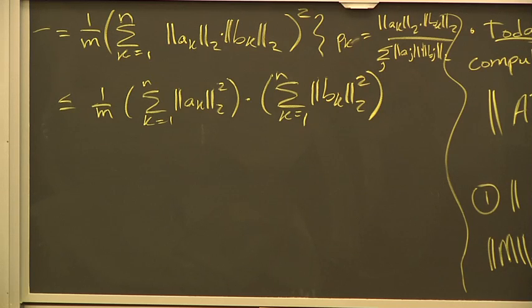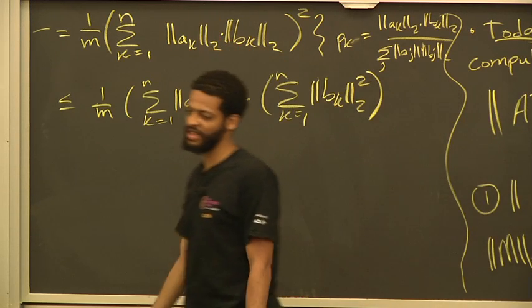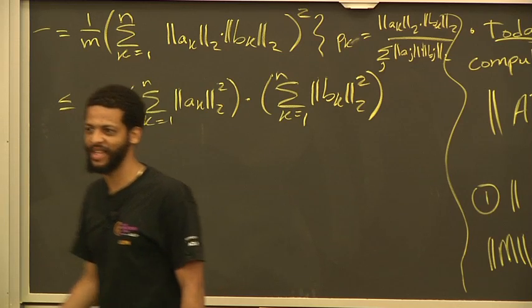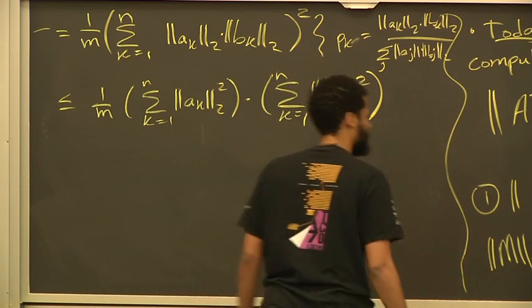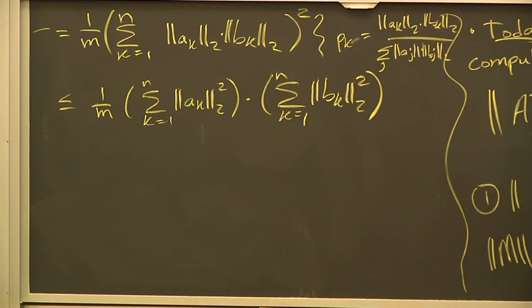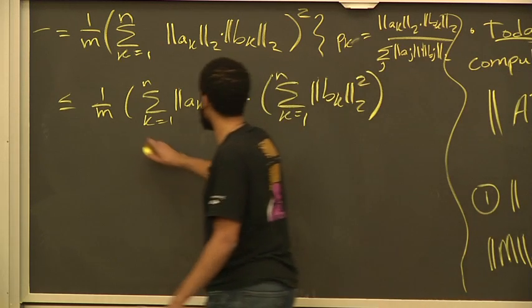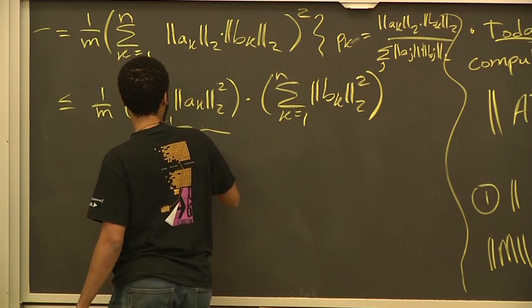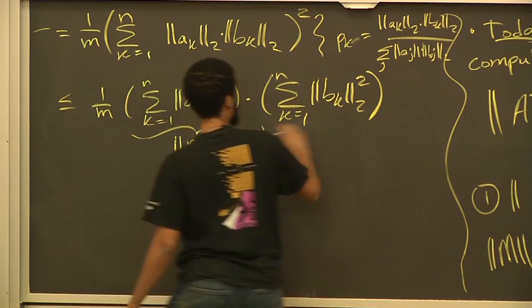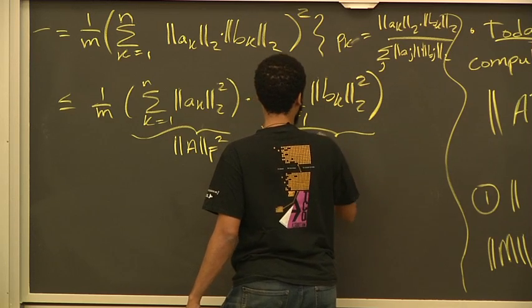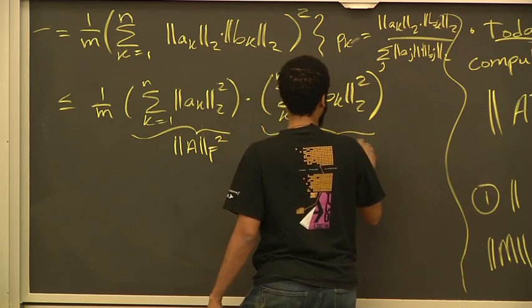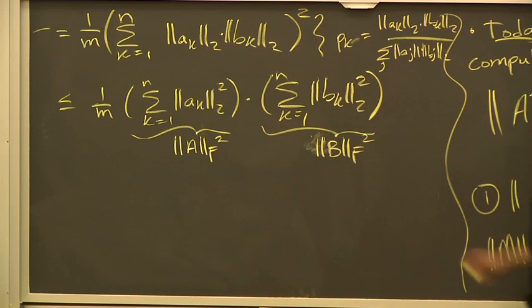Actually, I said without loss of generality those Frobenius norms are 1, but I never really made use of that assumption. I didn't need to say that. This is just equal to the Frobenius norm squared of A times the Frobenius norm squared of B. So going back here, let me call this thing star, the tail bound we actually care about.